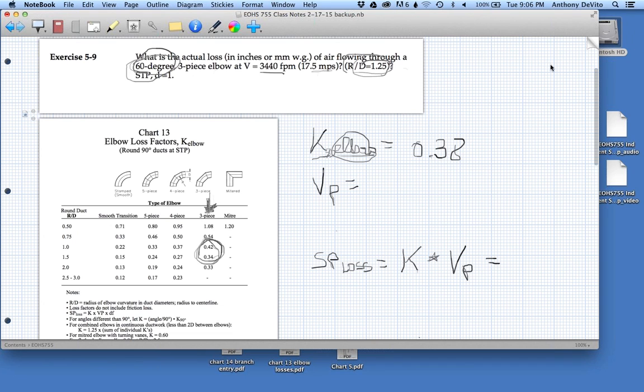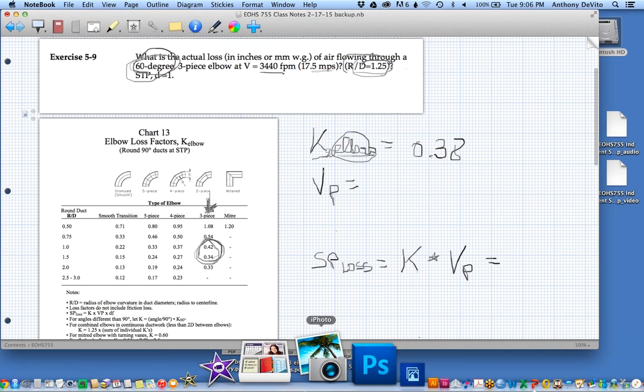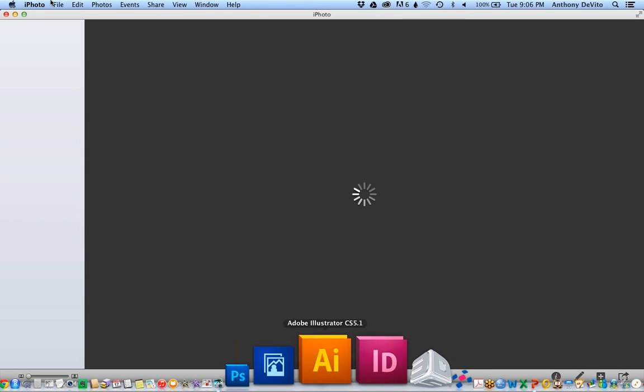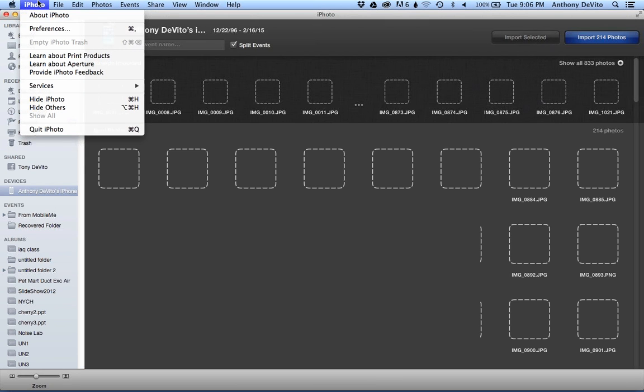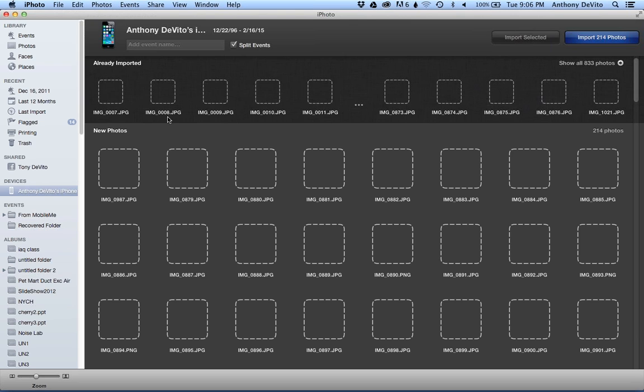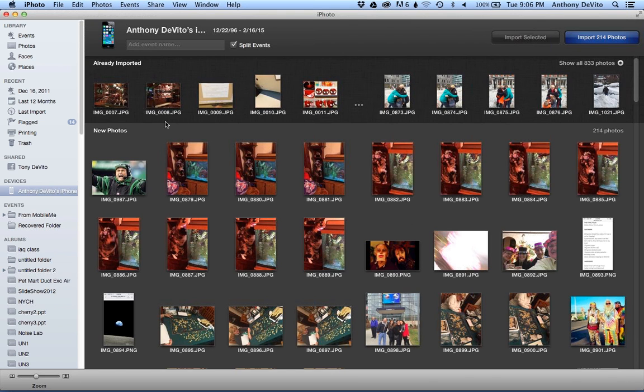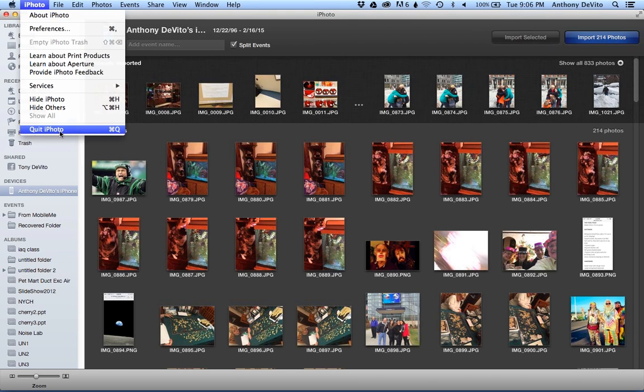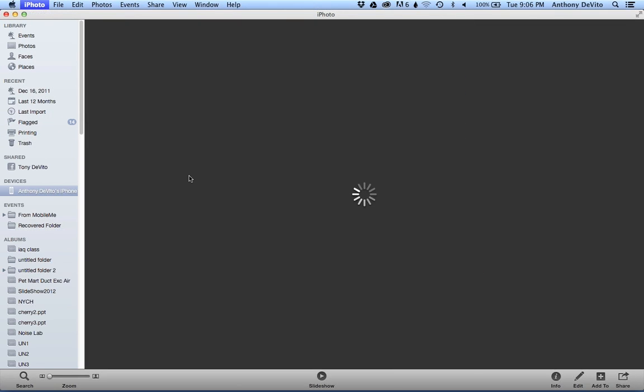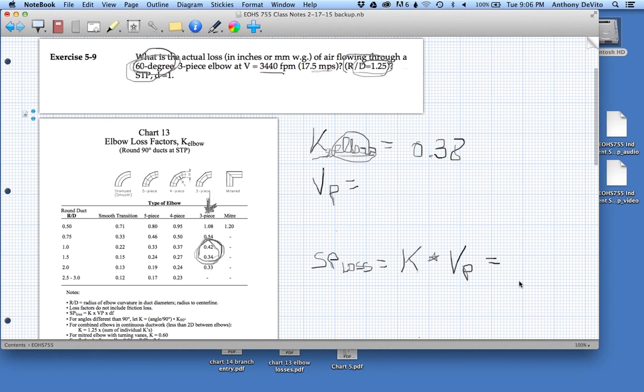If you've gone through the PowerPoint that Jeff Burton has, do you remember what he's told you to do? If it wasn't a 90 degree angle, if it was a 45 or 30 or something like that, in order to use this table.